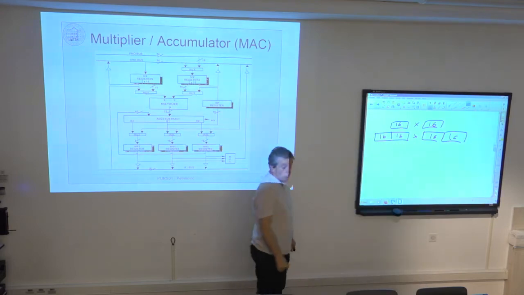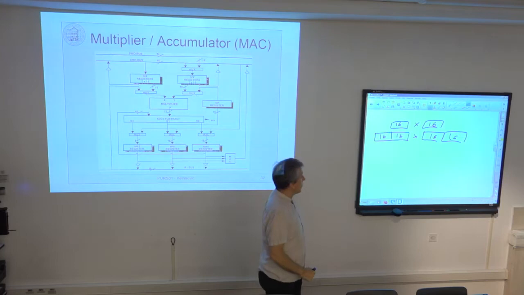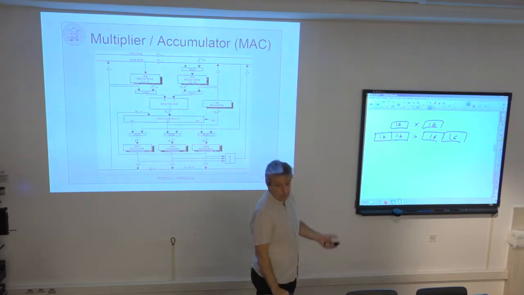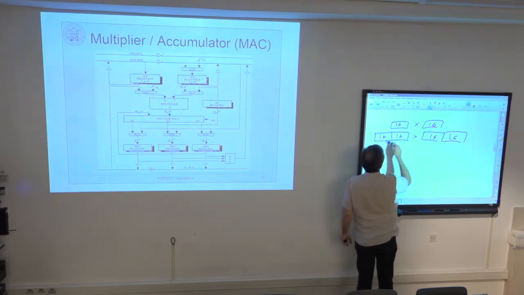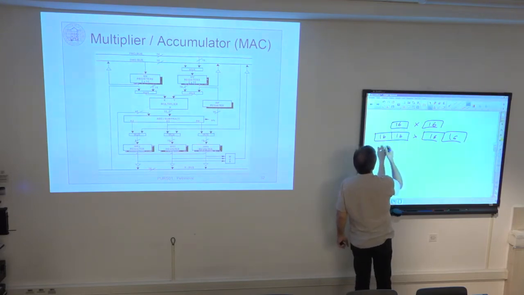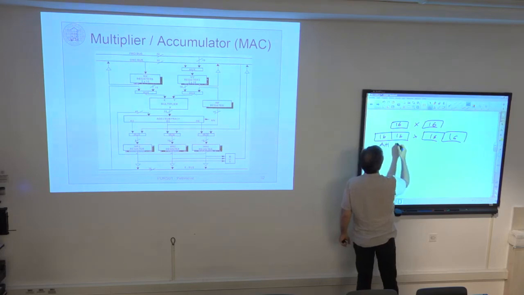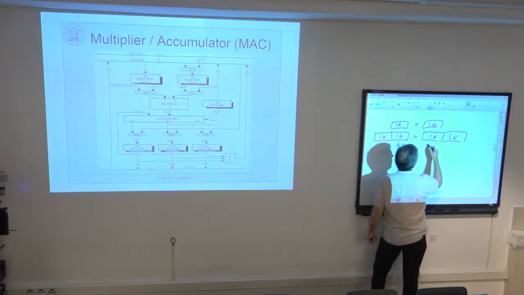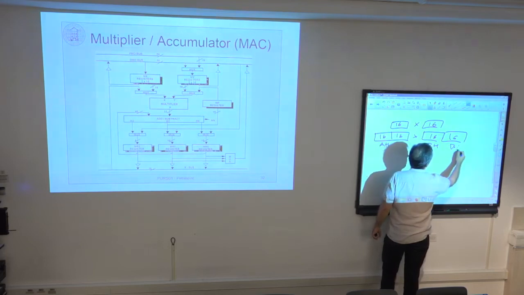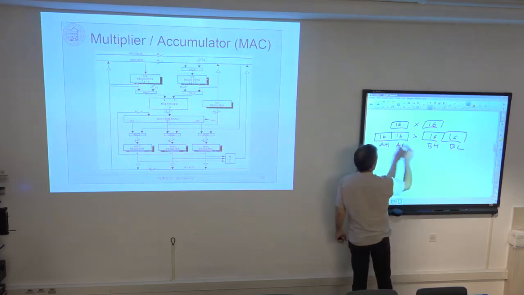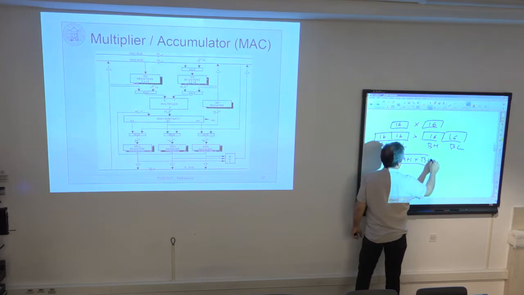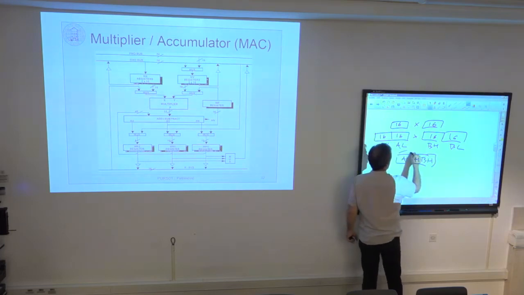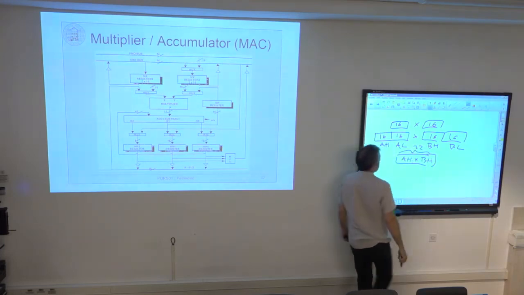In this case, it can also be done, but with 4 multiplications and additions. Because you can combine, first of all, these upper words, for example, A high, A low, B high, B low. So the first product would be A high times B high, a result that is 32 bits wide.